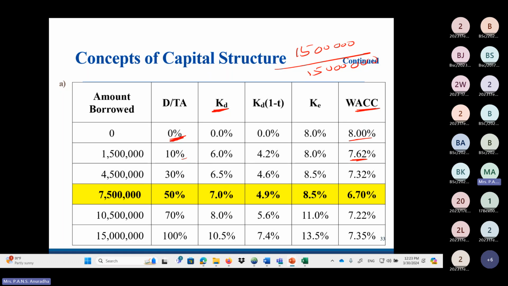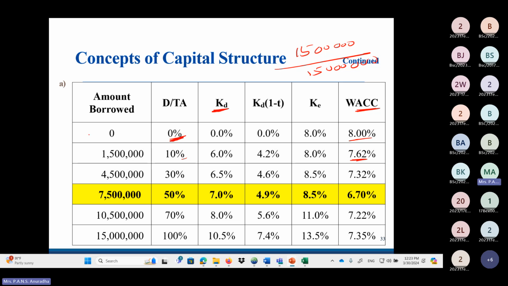So what is the optimal capital structure? For the exam, by identifying the weighted average cost of capital, you should be able to identify the optimal. The optimal capital structure is the capital structure where the weighted average cost of capital is minimized and value is maximized.